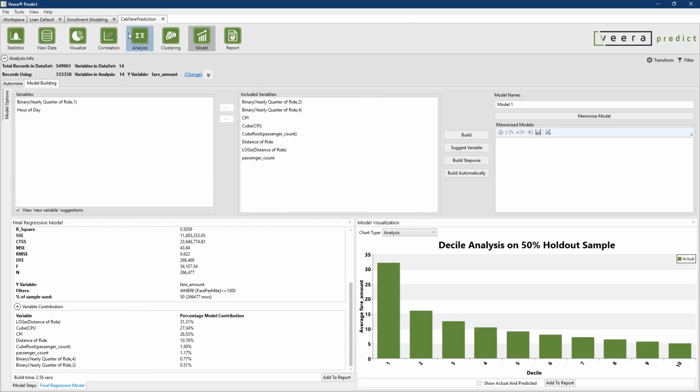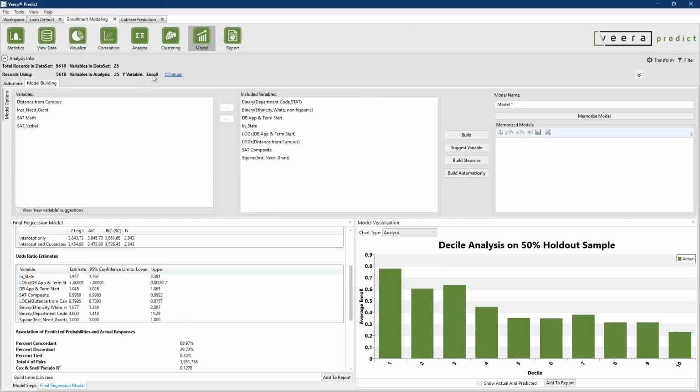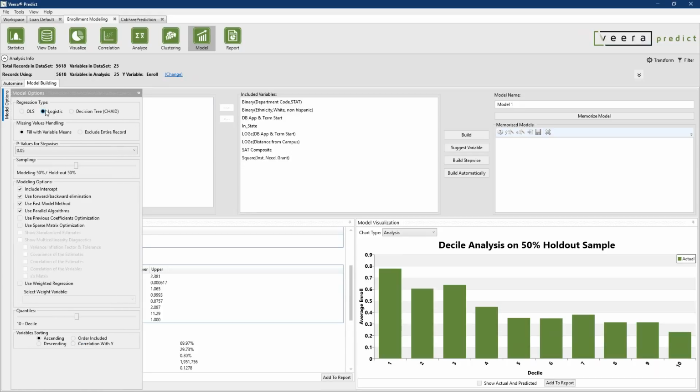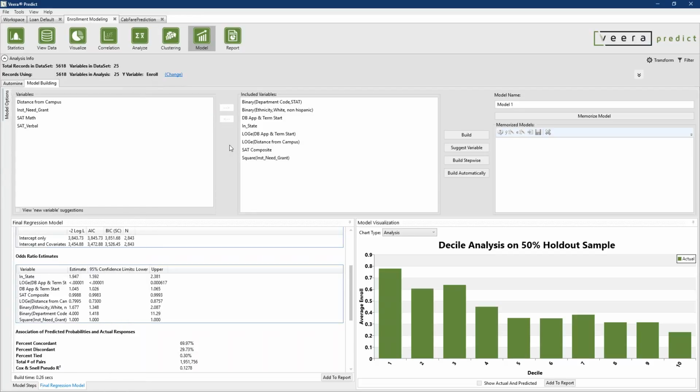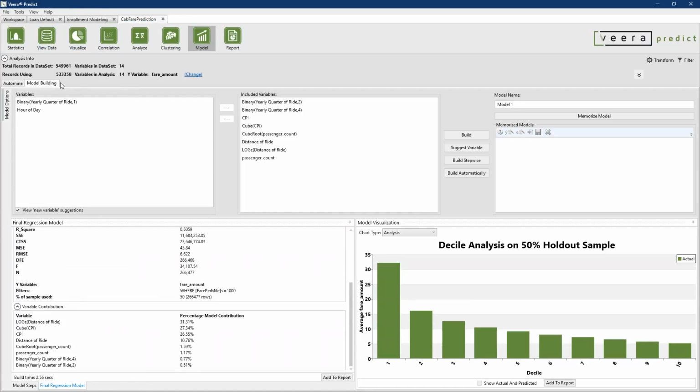If we have a variable like enrollment, as an example, then it will know to use binary logistic regression. And the difference is that it outputs either a score or basically a percent likelihood. And logistic, as most people may know, results in a 0 to 100% likelihood, and ordinary least squares outputs a continuous field, something like a 2.3 or 7.9 or something like that.